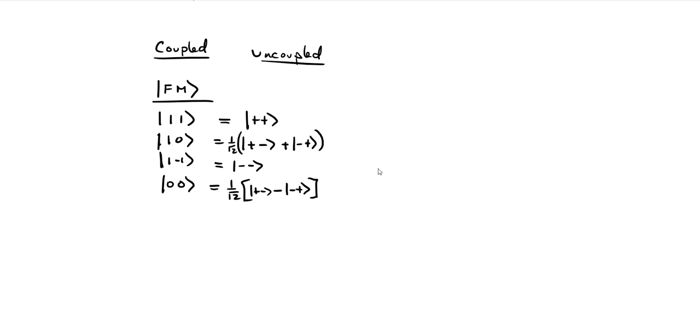And these should look very familiar if we go all the way to the top. These are the exact states that we got when we diagonalized the perturbation of our hyperfine interaction. These are the triplet states, and this is the singlet state. The total angular momentum quantum number equal to 1 defines the triplets. The total angular momentum equal to 0 defines the singlets.